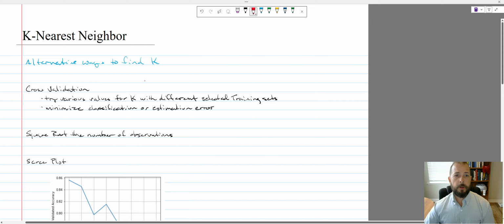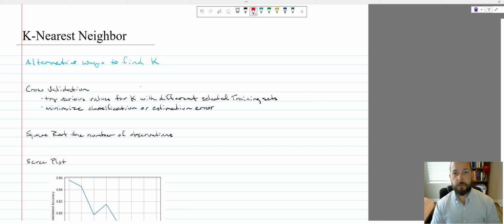And so there are alternative ways to find K. One is using cross-validation. Cross-validation can help us determine a more accurate value for K because we look at a lot of different training data sets. Most of the time, whenever we're creating a model for the first time, we want to try to use cross-validation.